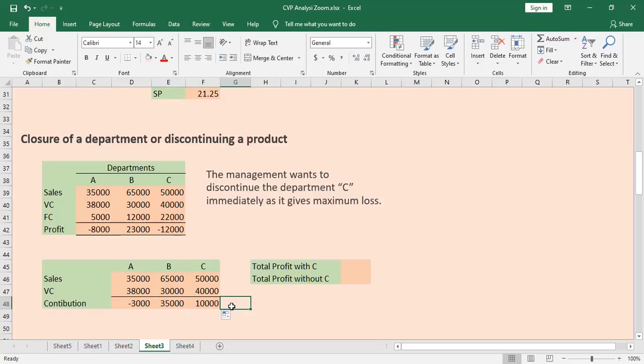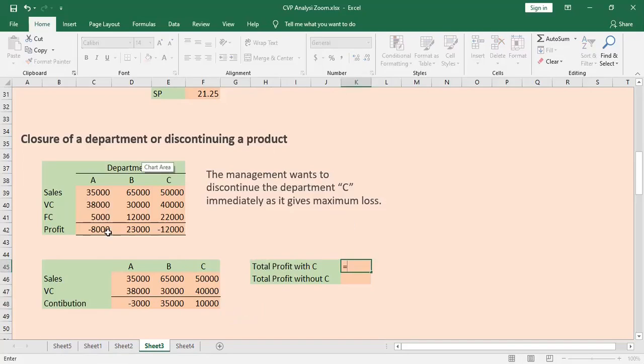Now, if you calculate the total profit with C and without C, you can see what happened. Let's do the calculation with department C. It is very easy. That is also given.